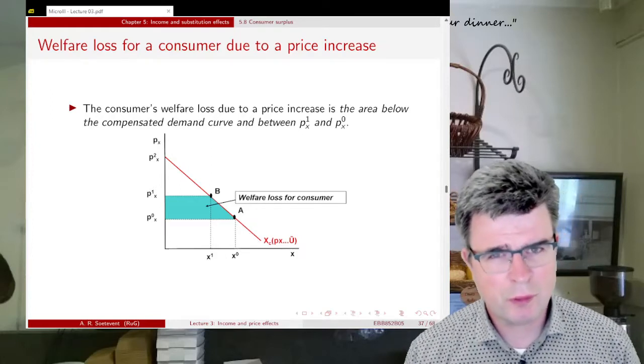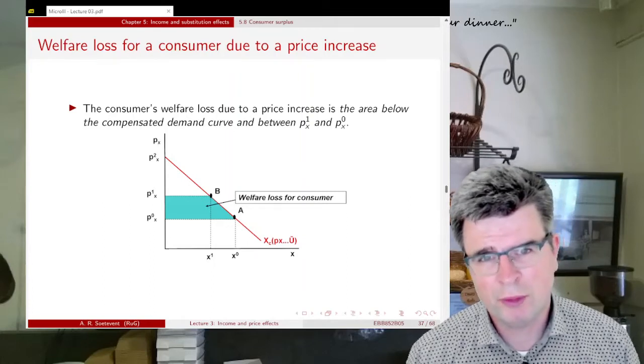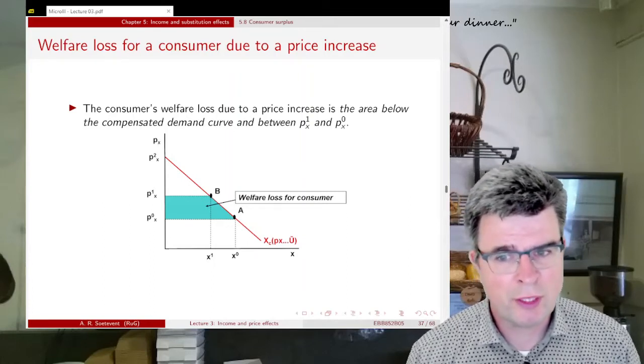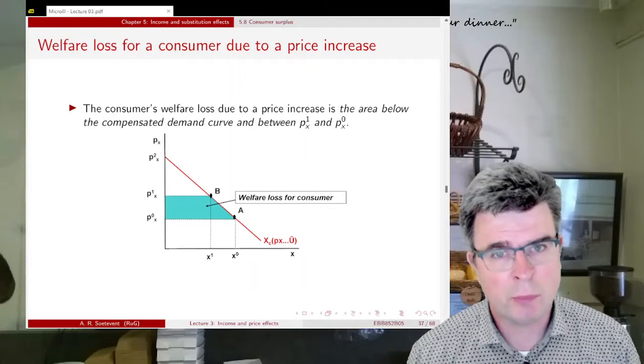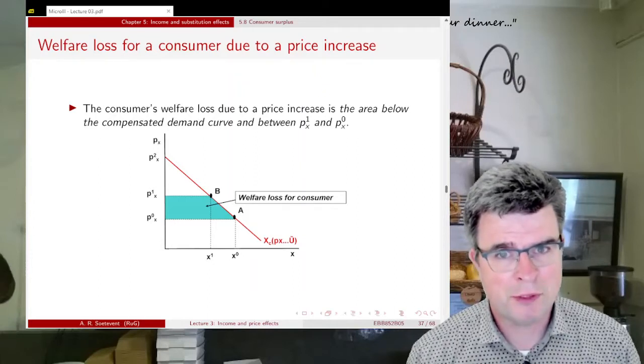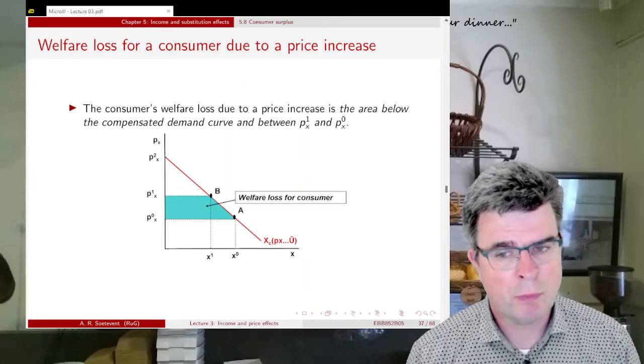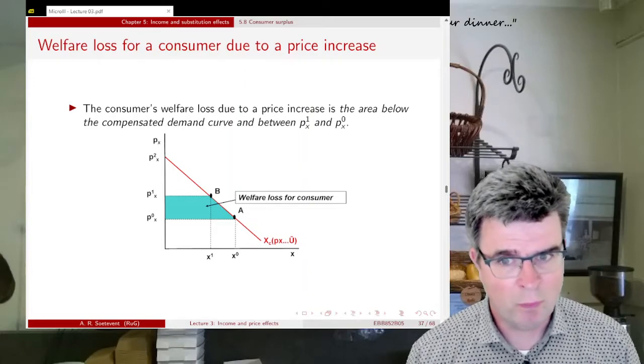Instead of the welfare loss associated with a price increase from P0 to P1, we could also ask the question, what if we take away the opportunity for the consumer to buy at a price P0 at all? So we don't increase the price to P1, but we prohibit the consumer from buying good X at all.